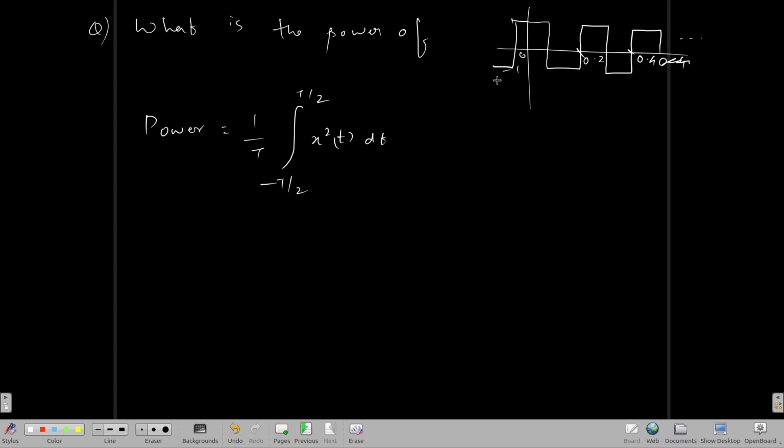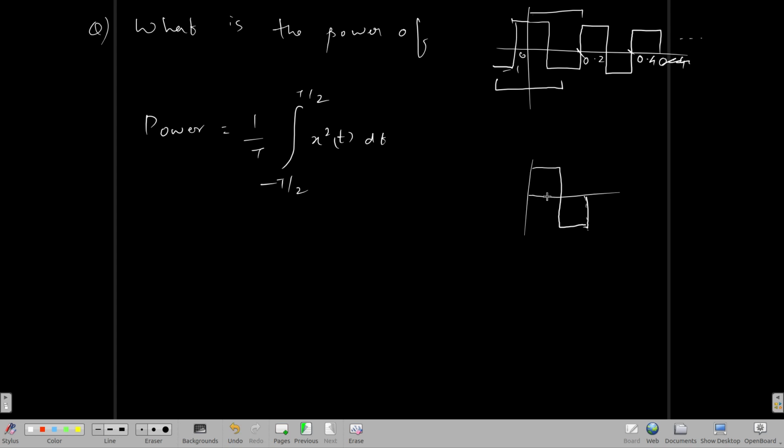So you can take a period as this much, or you can take a period as this much, whichever is convenient to you. Basically the idea is that you have to square the signal and find the area over a particular period. So here, if I am taking this one particular period, I am squaring it.